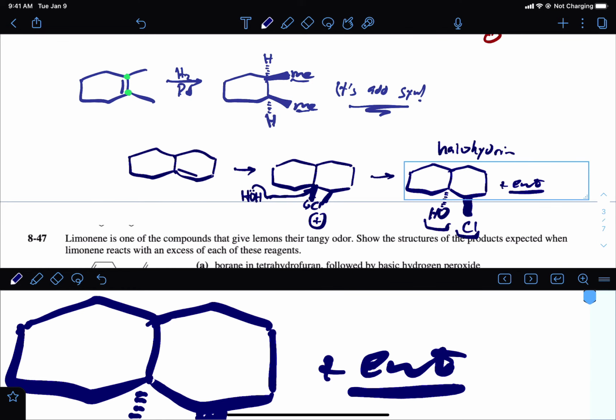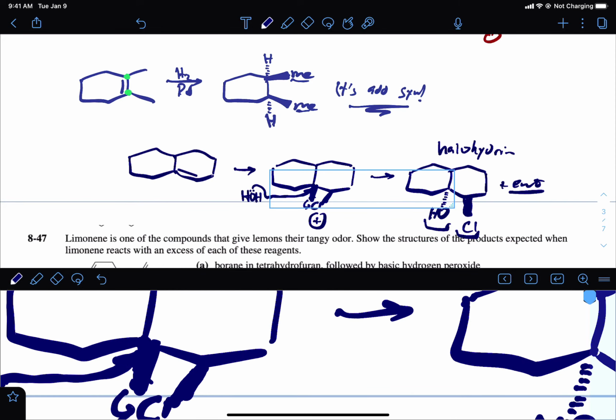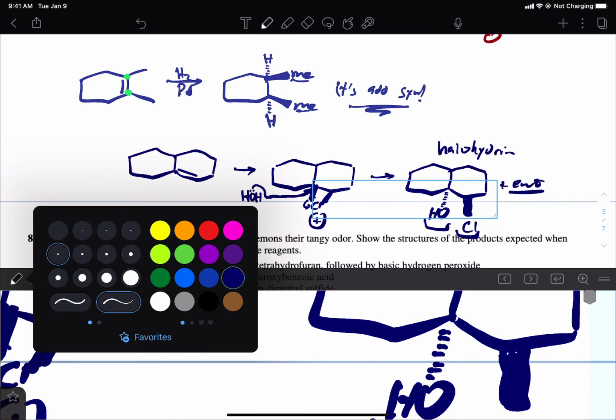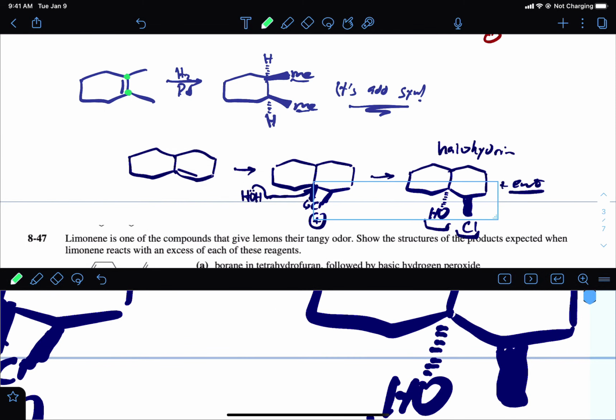Okay, because the OH and the Cl could be opposite, wedge versus dash, dash versus wedge, if the original chloronium is dashed instead of wedged. But always the OH on the more substituted carbon. So think about it as the OH is Markovnikov.